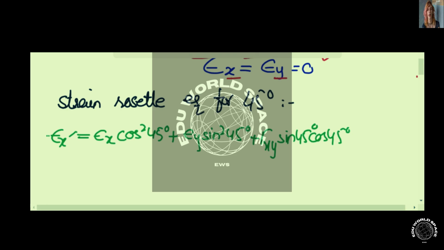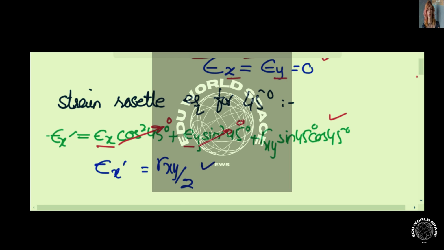So as we just discussed, there would be no strain along the x and y direction, right? So it means that these terms would become zero, and we'll be left with only this term. So just calculate it and we get that this equation becomes equal to this, right?